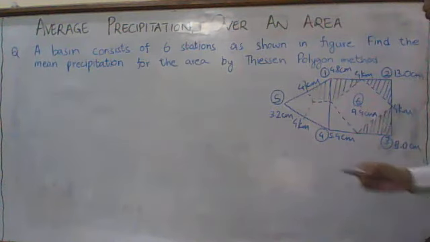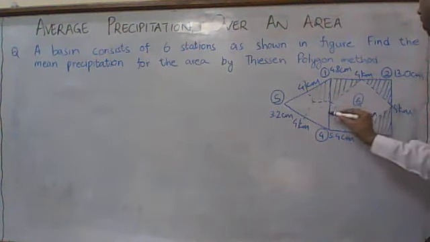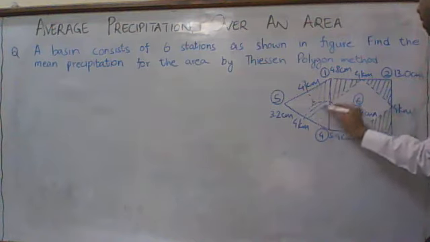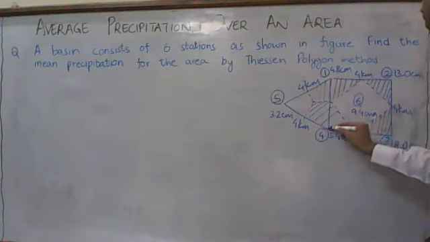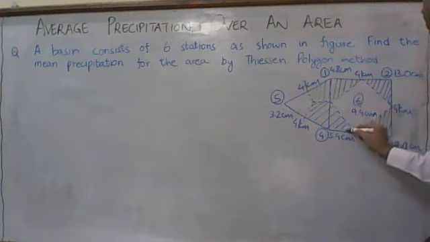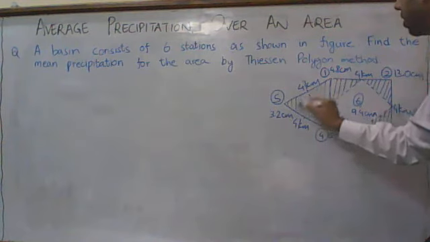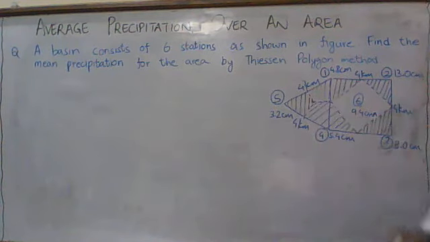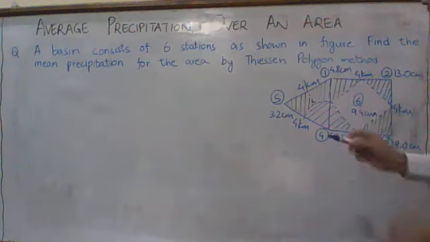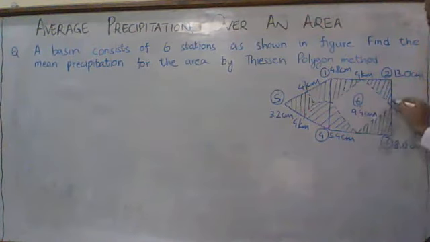For station 4, this is the influence area. For station 5, this is the influence area. And for station 6, this particular portion will be the influence area.